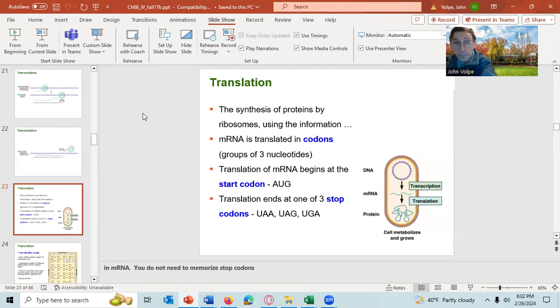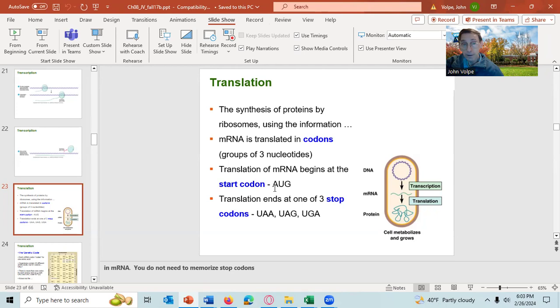Translation begins when the ribosome moves down the messenger RNA and encounters the start codon. The start codon is the codon AUG, meaning the 3 nucleotides A, U, and G in RNA.